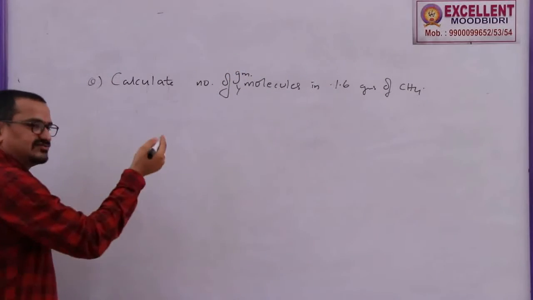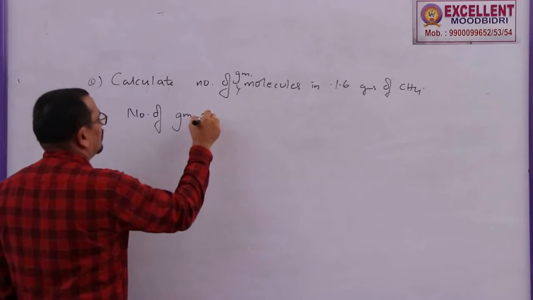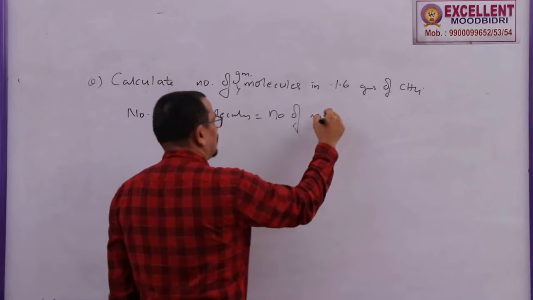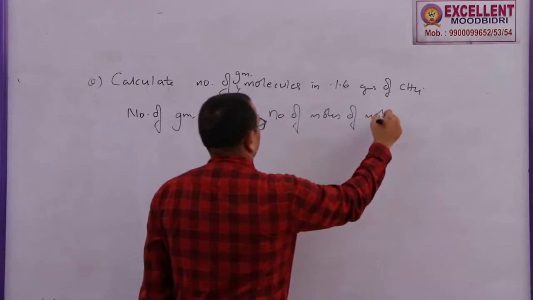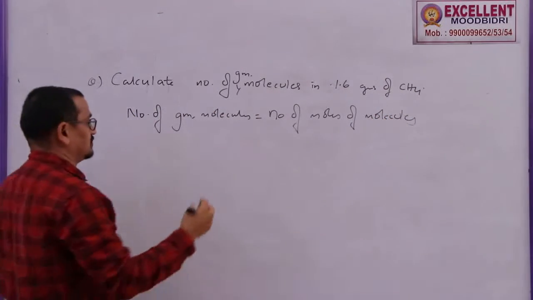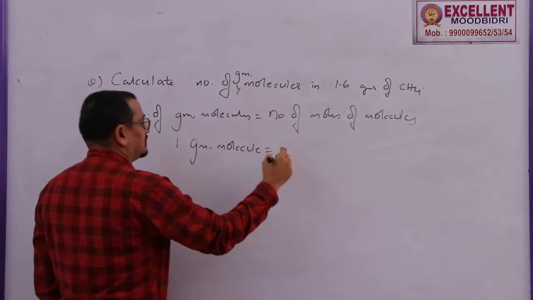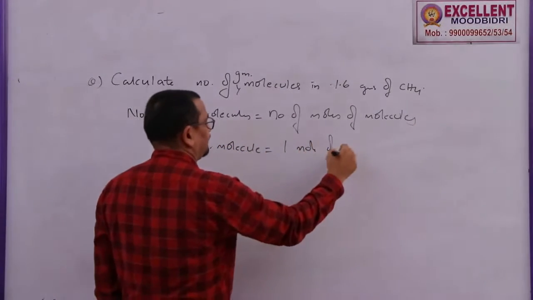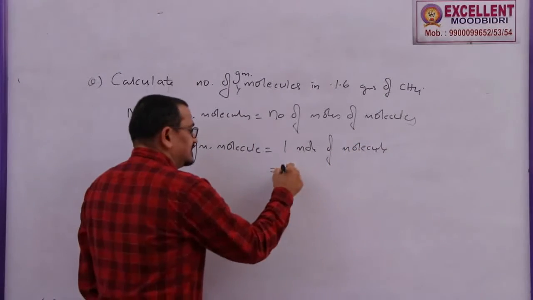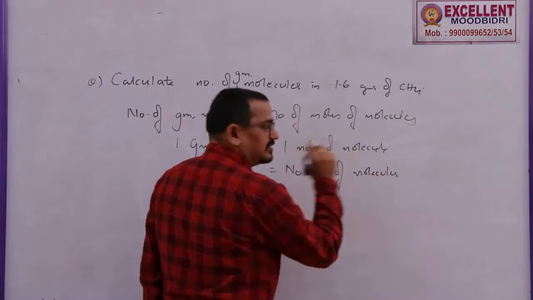The same way as we did the previous question, number of gram molecules is nothing but number of moles of molecules, which means 1 gram molecule is nothing but 1 mole of molecules, that is, Avogadro number of molecules.